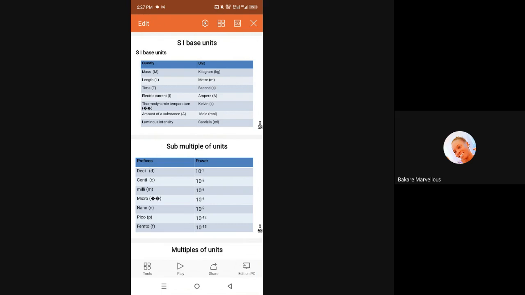So for temperature, what instrument do we use in measuring temperature?